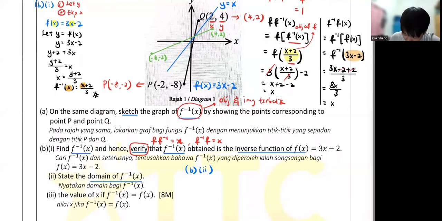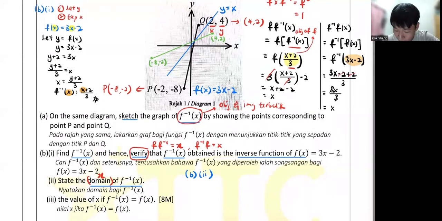So yes, the domain. Domain actually is your object, the x. But don't see wrongly again. They're asking for the domain of F negative 1, not F. So look at the green color graph.